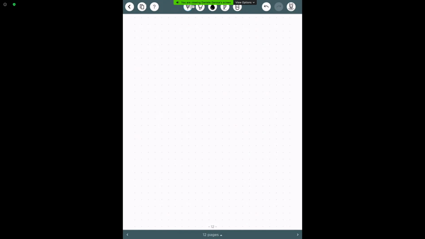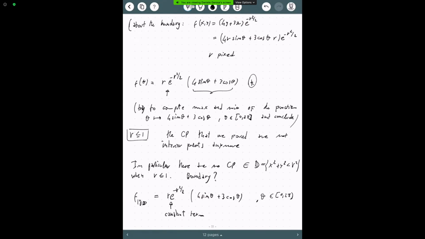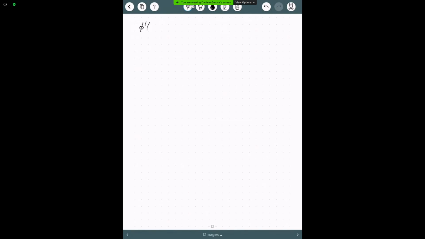Yes, so you should get again, if you call this function phi of theta, and you take the first derivative, that's equal to minus 3 sine theta plus 4 cosine theta, and you set it equal to 0, you get that sine theta is equal to 4 divided by 3 cosine theta, and this happens when sine theta is equal to 4 divided by 5 and cosine theta is equal to 3 divided by 5.